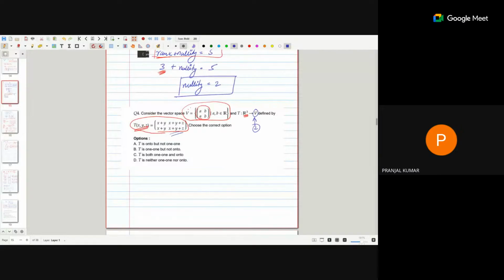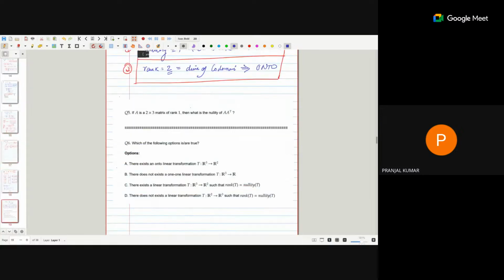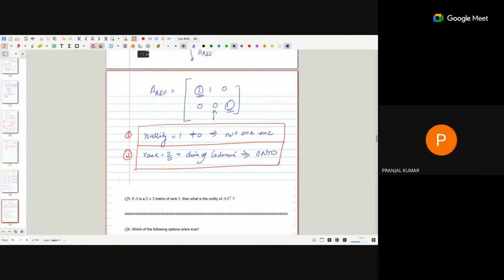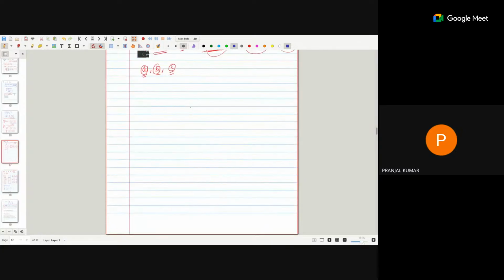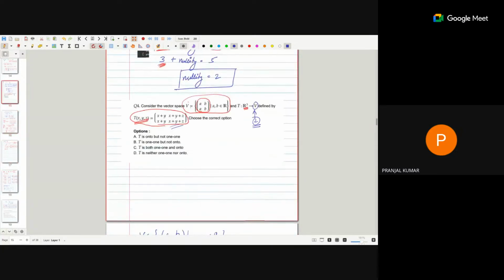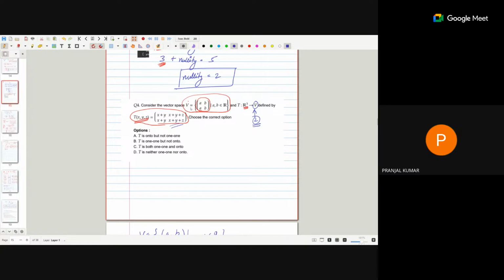Now is it equal to the dimension of the codomain? Yes. So is it onto? Yes, so it is onto. So what will be the answer? It is onto but not 1 1. Is this clear? Yes, sir.